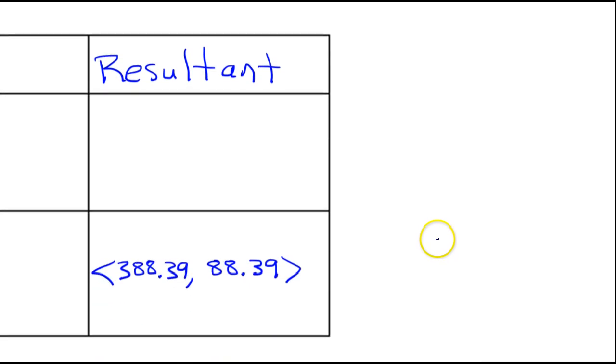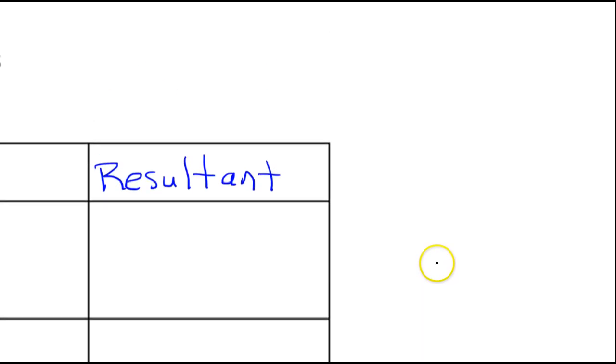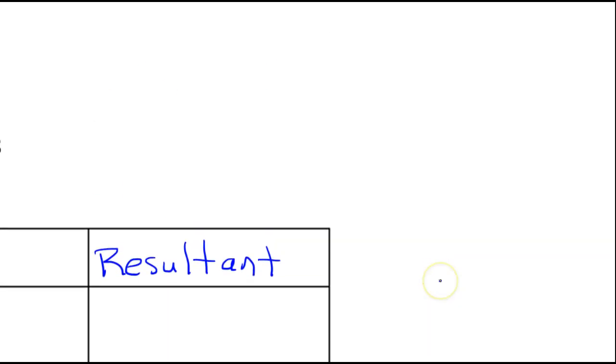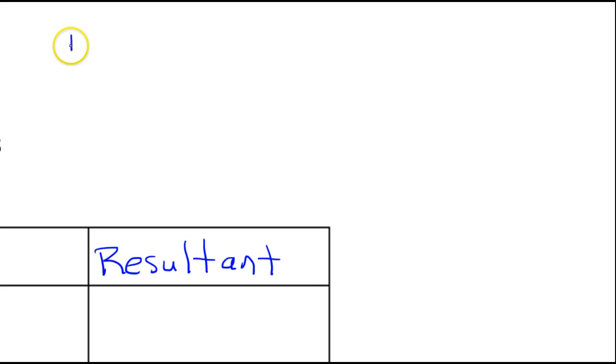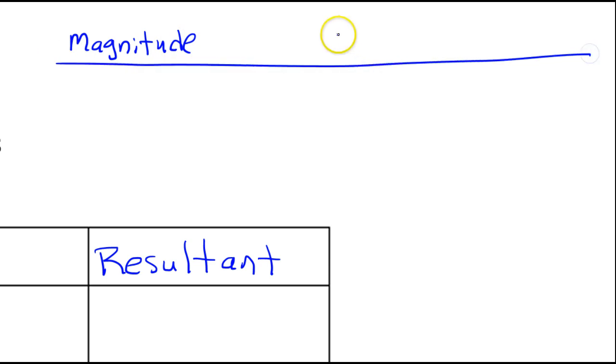Okay, so first of all, the magnitude, see we have a lot of space up here, so I'm going to do the magnitude. And then I will calculate the direction.